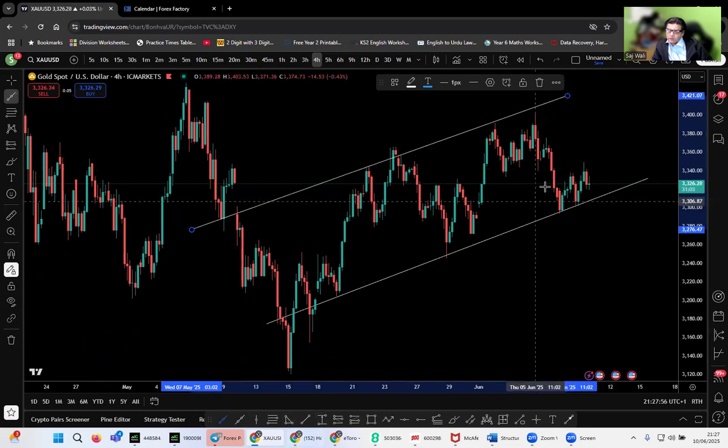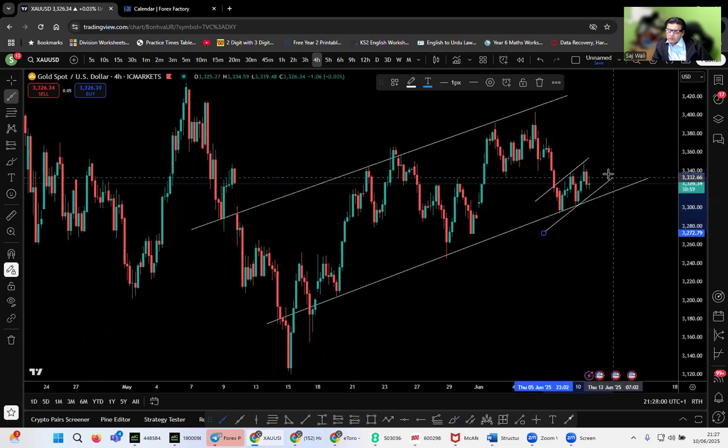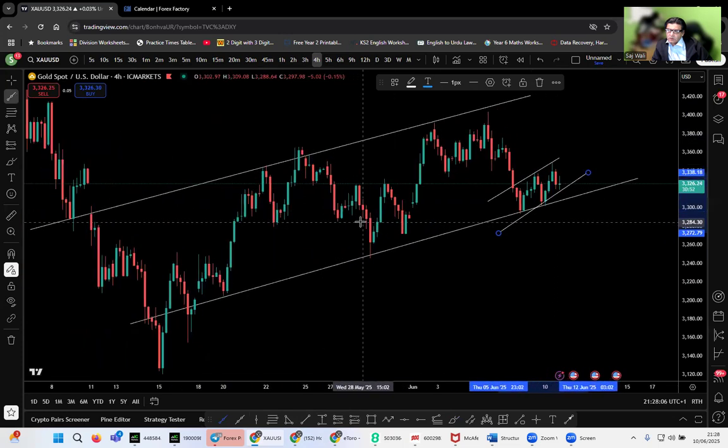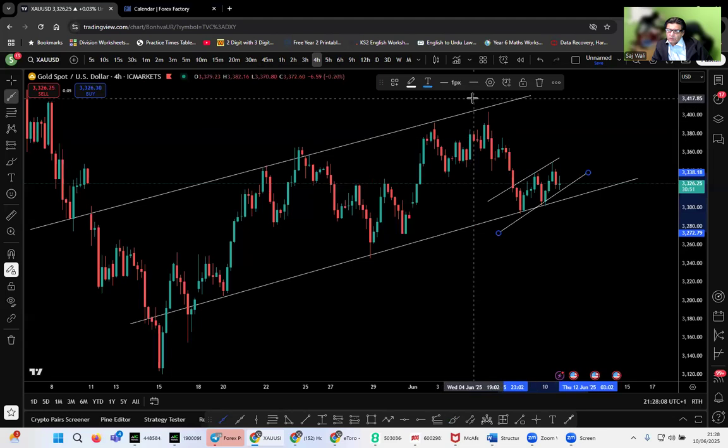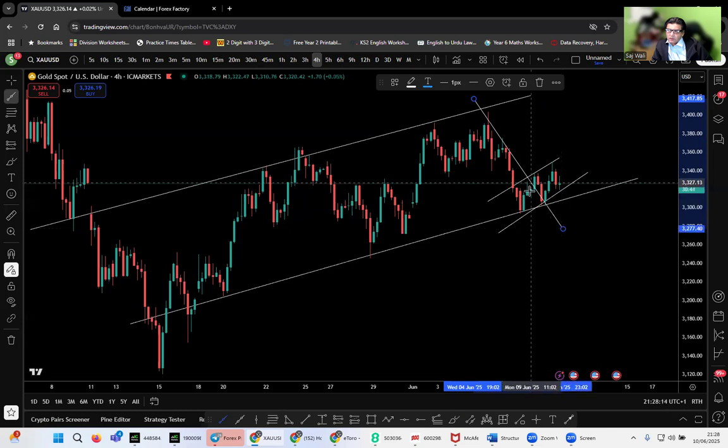And then we have this smaller channel. We had this trend line. Break, test, and then to the upside.